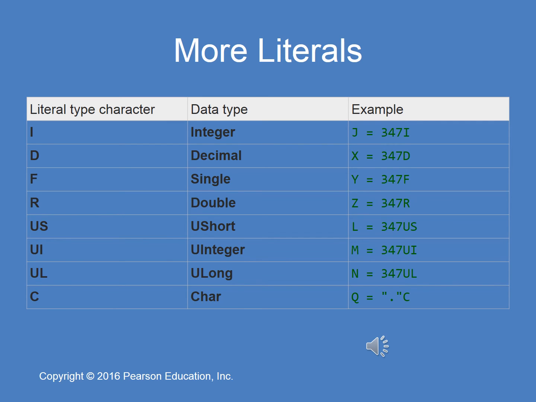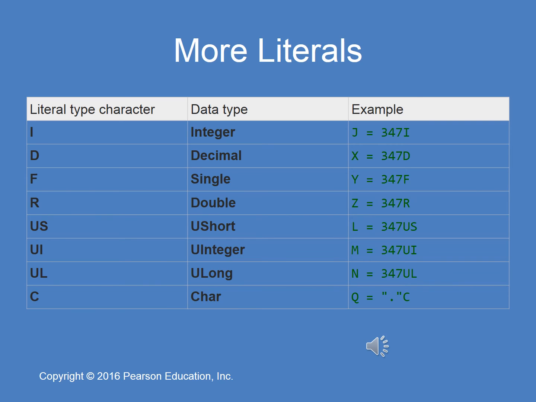This slide shows some examples of using literals. The literal for an integer is I. So for example, look at the third column, where we're assigning the literal value 347 to a variable j that had to have been declared as an integer. But to make sure that 347 is resolved as an integer, we put the I after it.